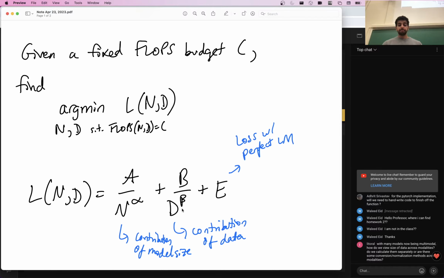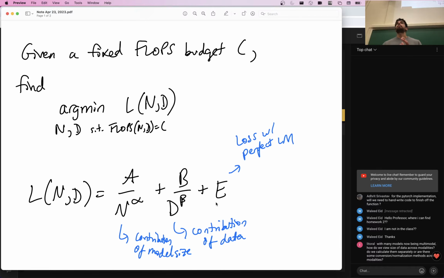And so with smaller models, we're going to have a higher minimum loss. We already saw that in the plots that I showed you from the Kaplan et al. paper. And so that contribution of the loss based on the model size is going to increase as you have a smaller model with fewer parameters.